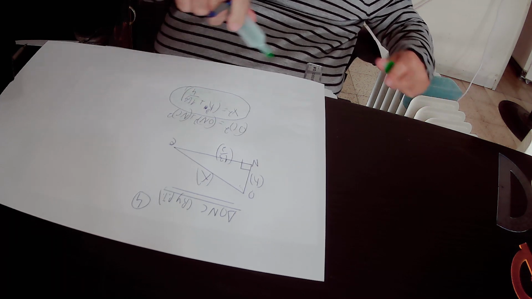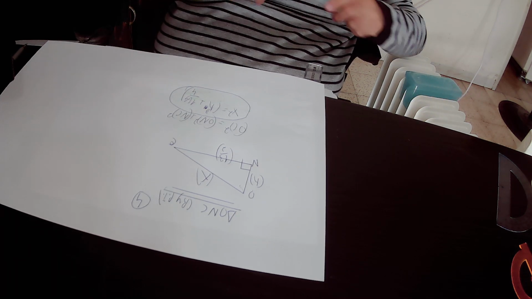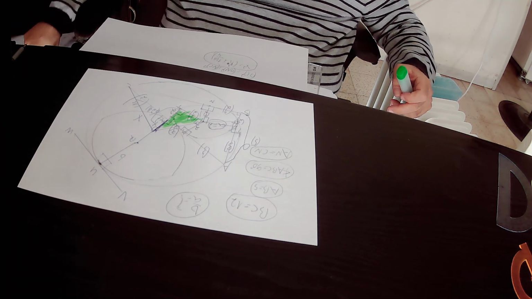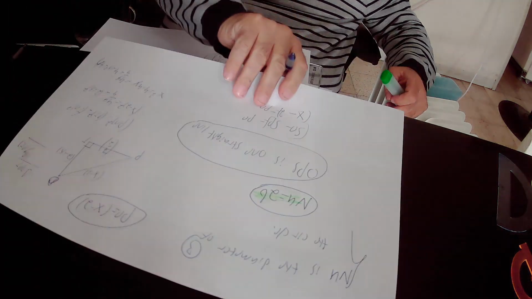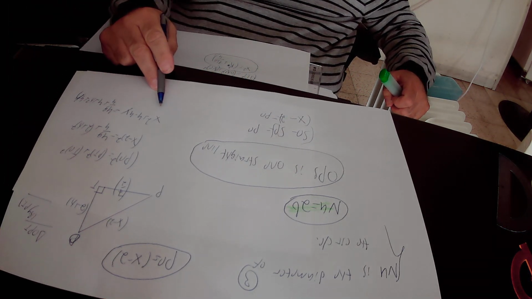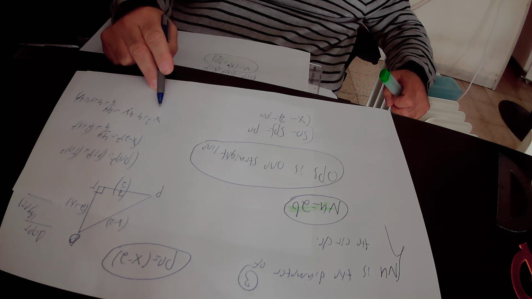So actually, now we can substitute x squared in this equation by x squared plus 169 over 4.